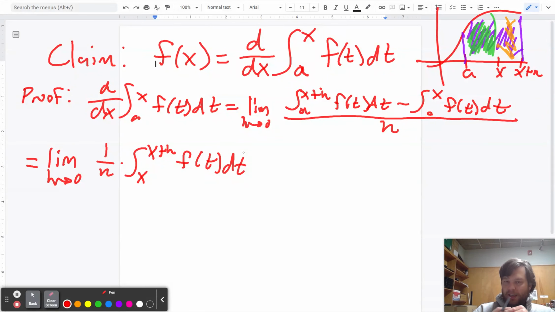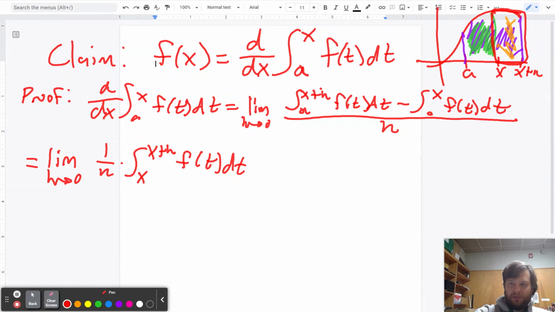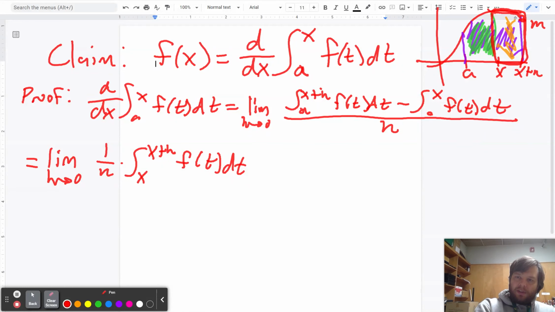The idea is that you can actually squeeze it between two different values. The area underneath the curve is always going to be between two different values. One of those values is found by taking the lowest point, let's call that little m, and drawing a rectangle over there.